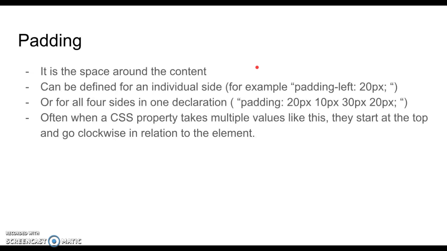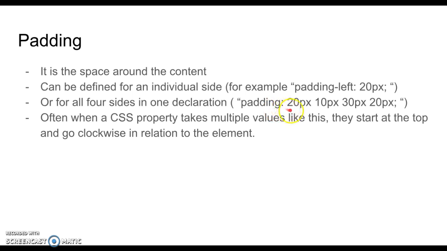About padding. The padding of an element is defined using the padding property. The padding basically is the space around the content. Okay? It can be defined for individual sides. For example, padding-left 20 pixels, like it says here, or I can define all 4 sides in one declaration.